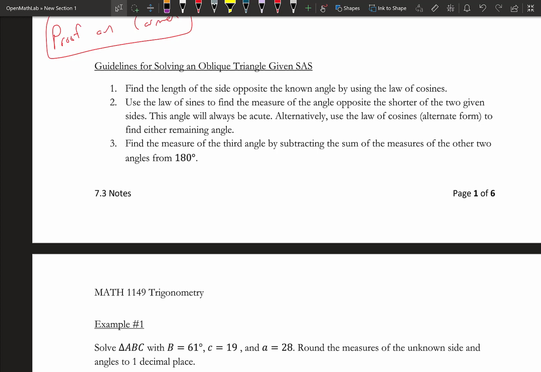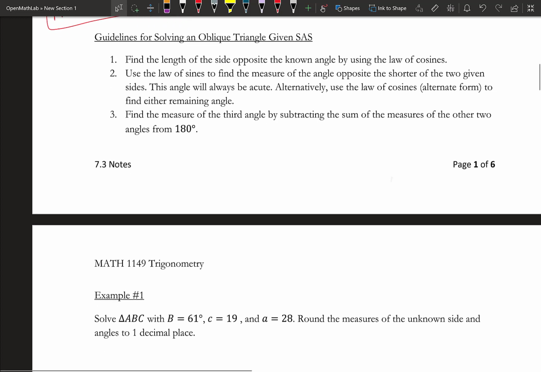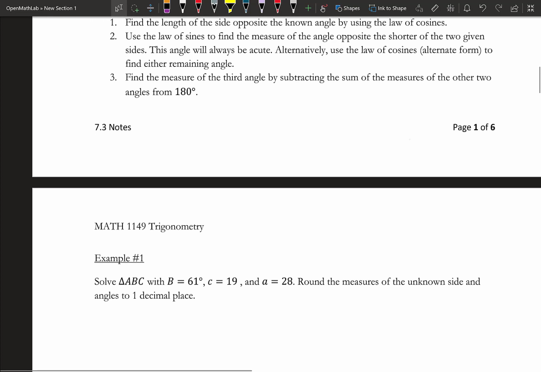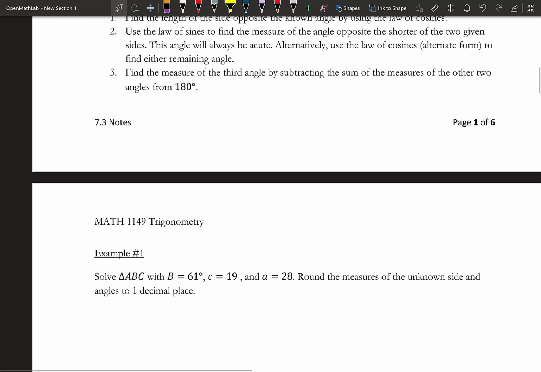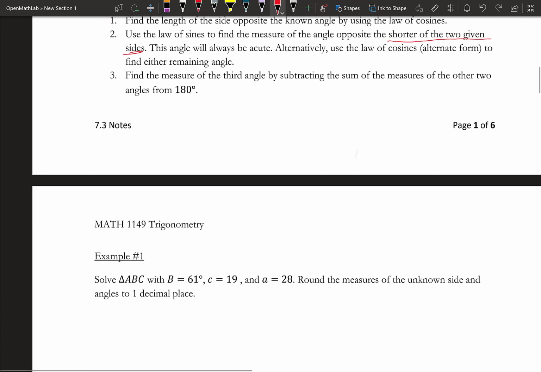And then lastly, we can find the missing angle by subtracting the known angles from 180 degrees. And notice for number 2, it's saying that if you use the law of sines, you use the shorter of the two given sides, so that way we know that angle is going to be acute.